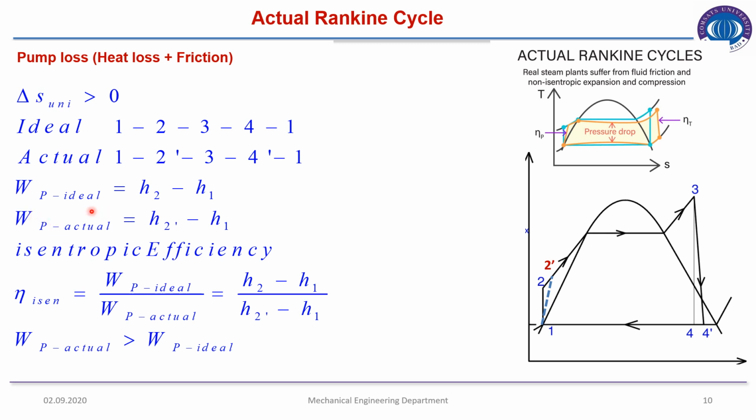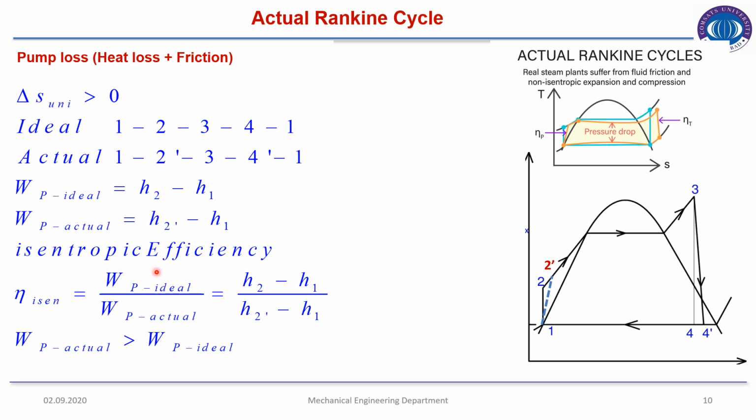Therefore, for the ideal case, the work done on the pump is less, and in the actual case, the work done on the pump is greater, because the pump is a work consuming device. So work consuming and work producing are opposite to each other. Therefore, work produced by an ideal device is greater, whereas work consumed by an ideal device is less. So work consumed by the pump in the ideal case will be less.